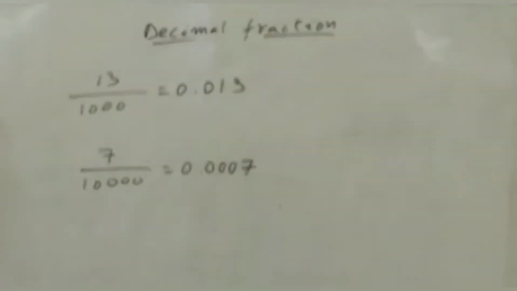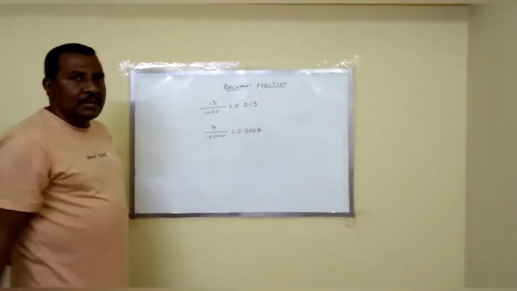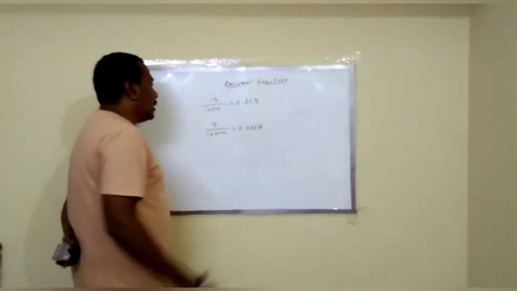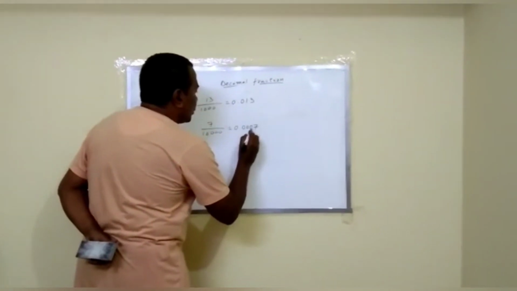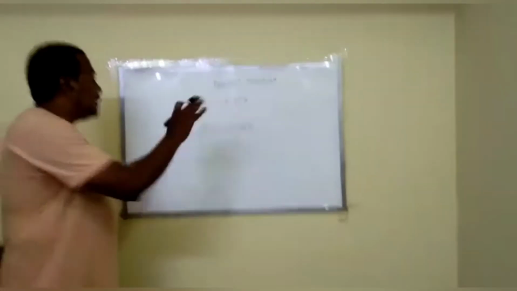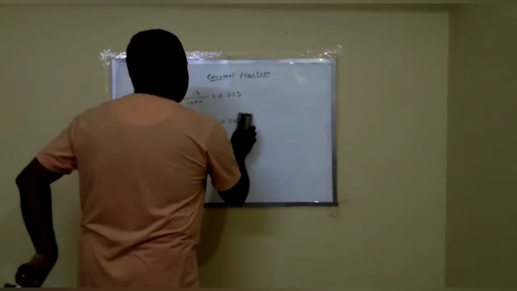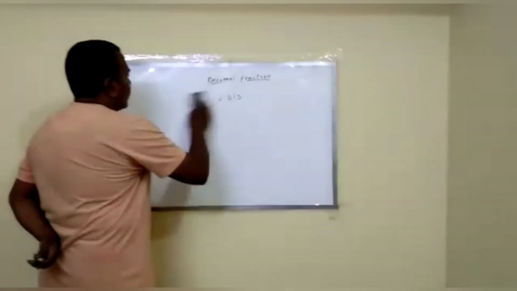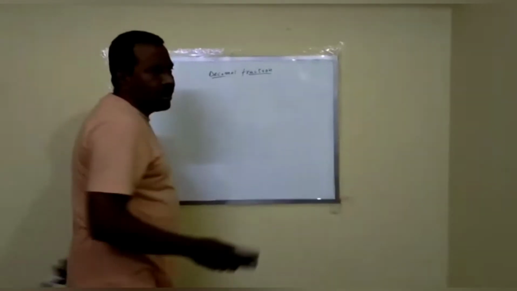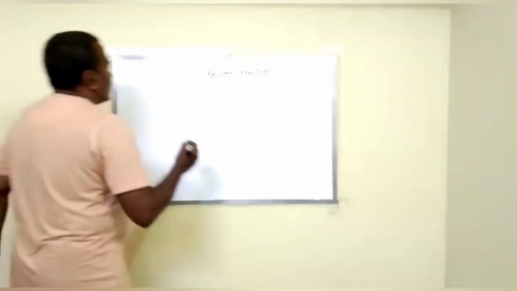You can keep a 0 before the point, but it is not necessary; if you write .0007, that is also okay. That is how you write a decimal fraction as a decimal number. In the previous class I already told you how to write a decimal number as a decimal fraction.